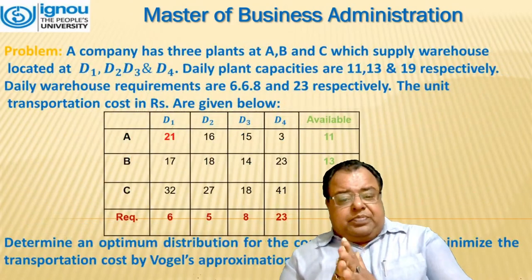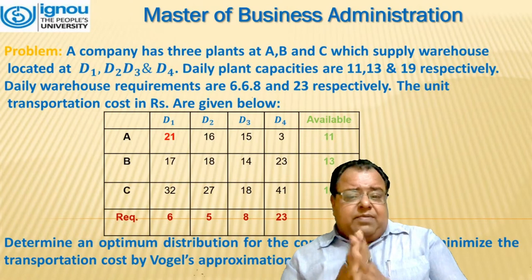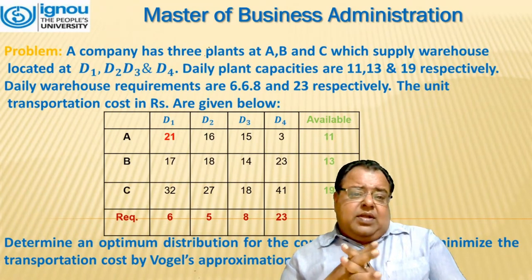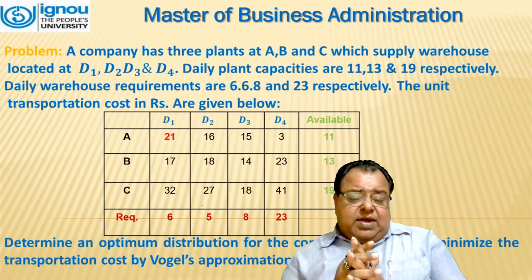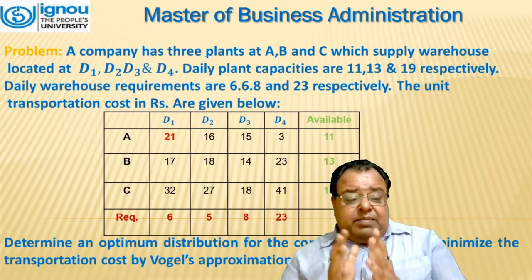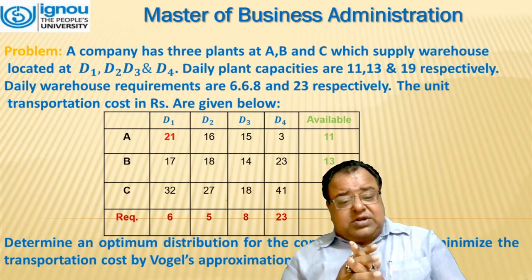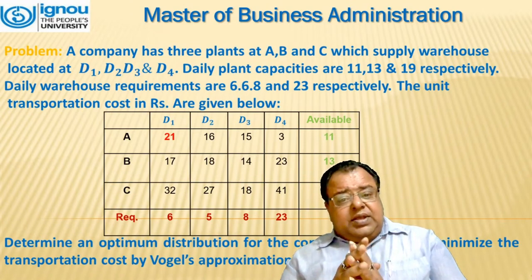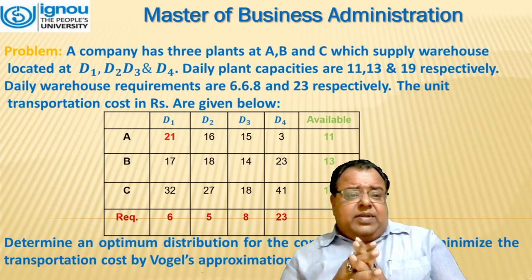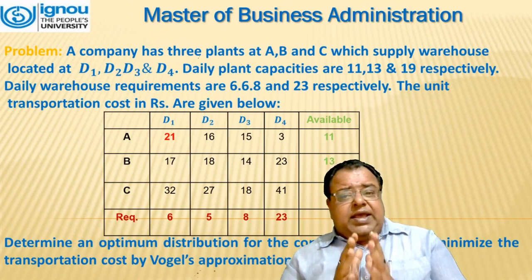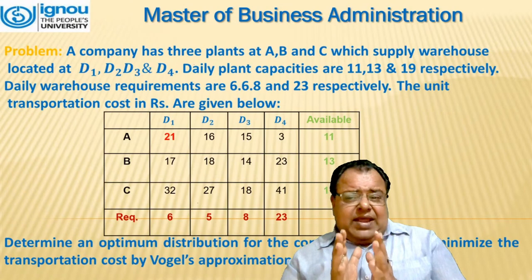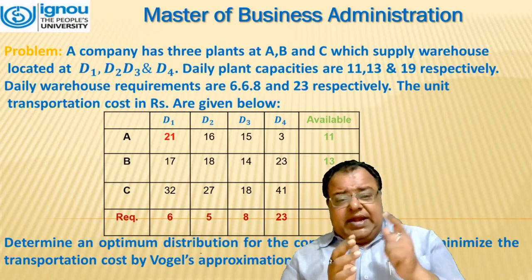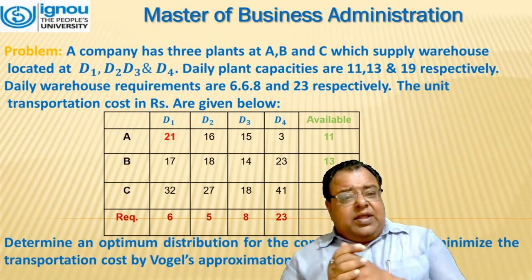Now, we move to another problem, in which we have to determine the optimum distribution of the company in order to minimize the transportation cost by Vogel's approximation method. The company has 3 plants, A, B, and C, which supply warehouses located at D1, D2, D3, and D4.